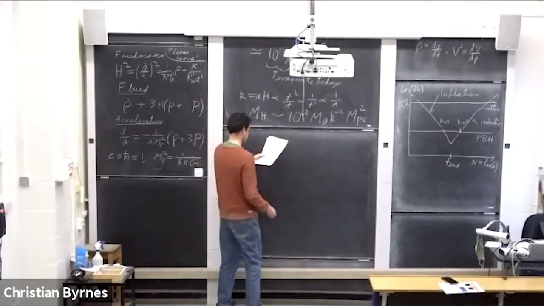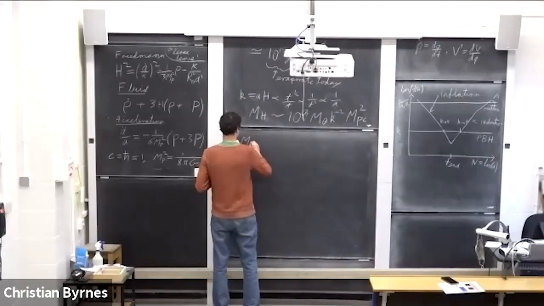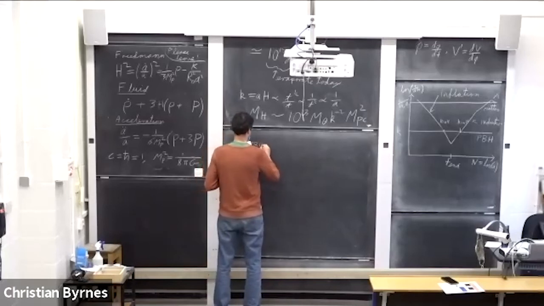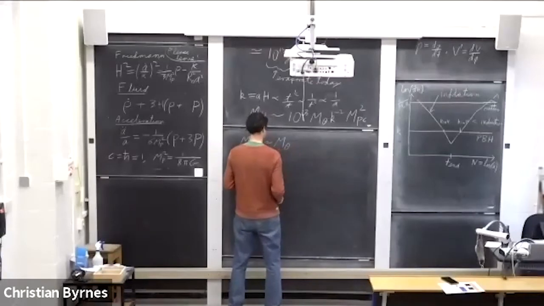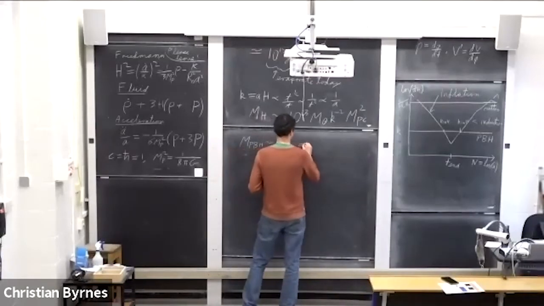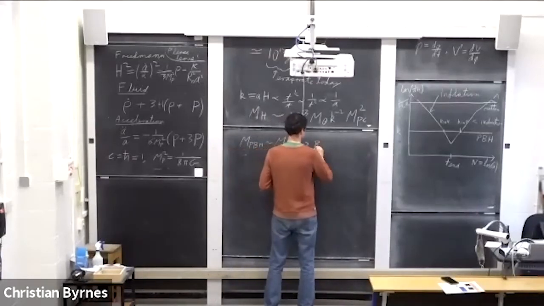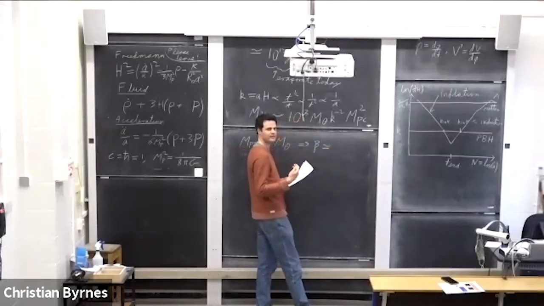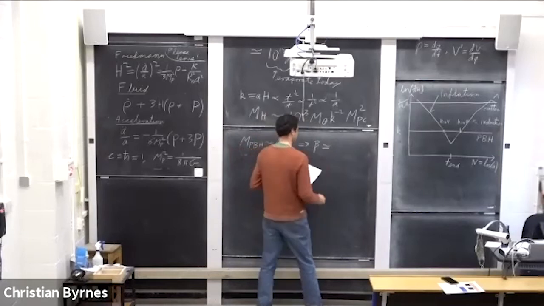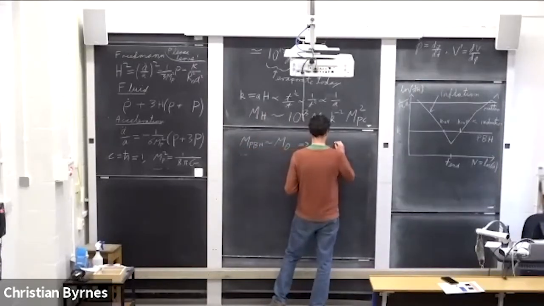To give an example, for M_PBH equal to a solar mass, we need beta to be the inverse of 10 to the minus 16, the square root of that, so beta needs to be about 10 to the minus 8.